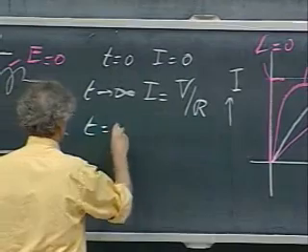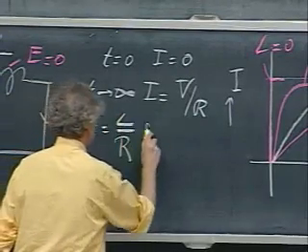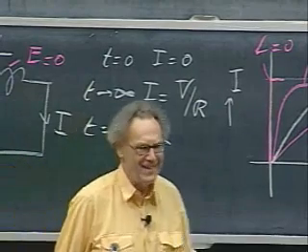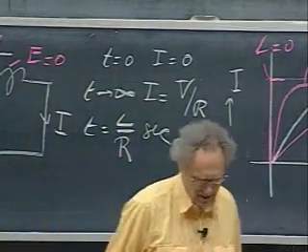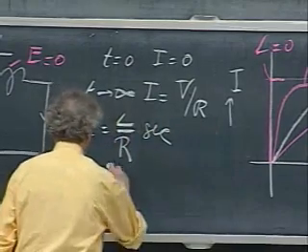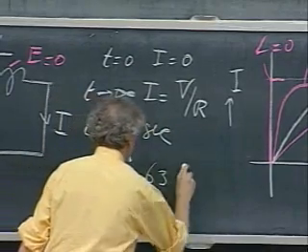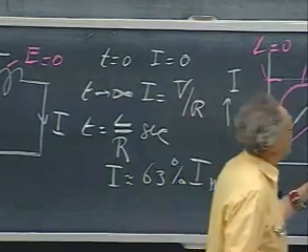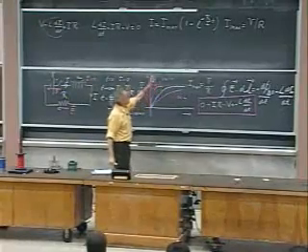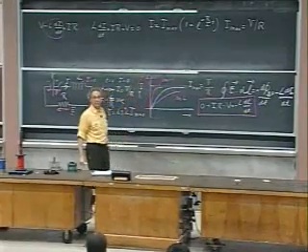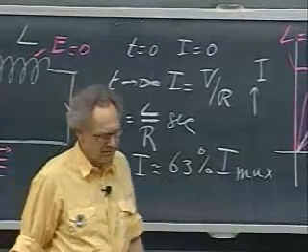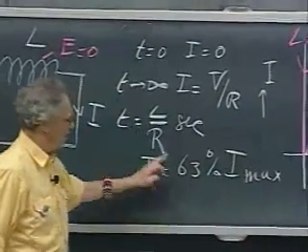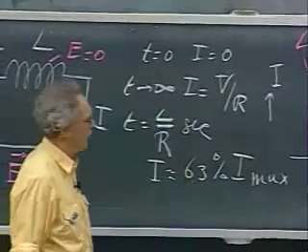If you wait L over R seconds, and believe it or not, if you have some time, convince yourself that L over R indeed as a unit is seconds, then the current I is about 63% of I max. Because if t is L over R, then you get 1 minus 1 divided by e, and that is about 0.63. And if you wait double this time, then you have about 86% of the maximum current.